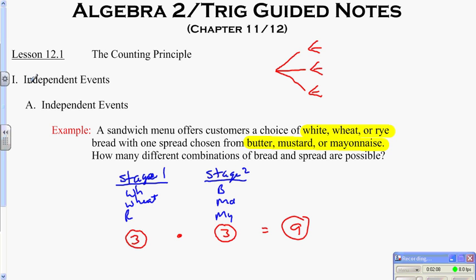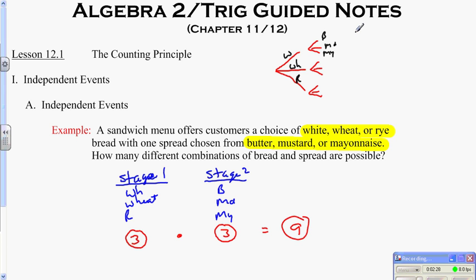A different way of doing this is using a tree diagram, where the first one, again, is choosing between white, wheat, and rye. Then up here we have butter, mustard, and mayo on all 3 of these branches.